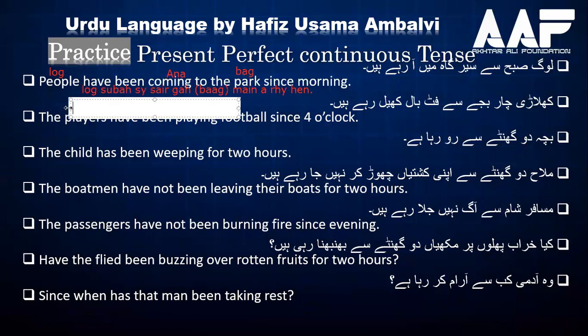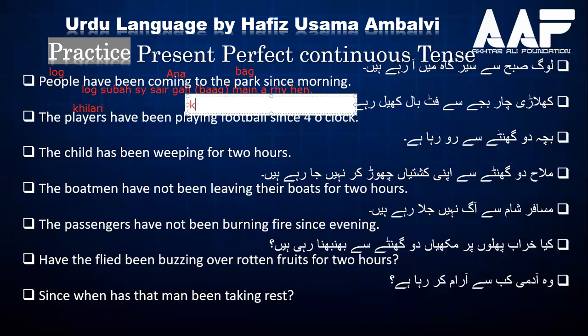So the players means khiladi, and football is football. Play means khelna, and since 4 o'clock means 4 baje se. We already discussed time and counting 1, 2, 3, 4. So 4 o'clock means 4 baje.